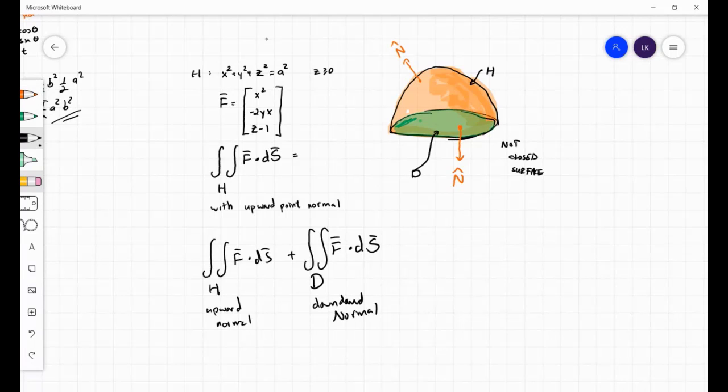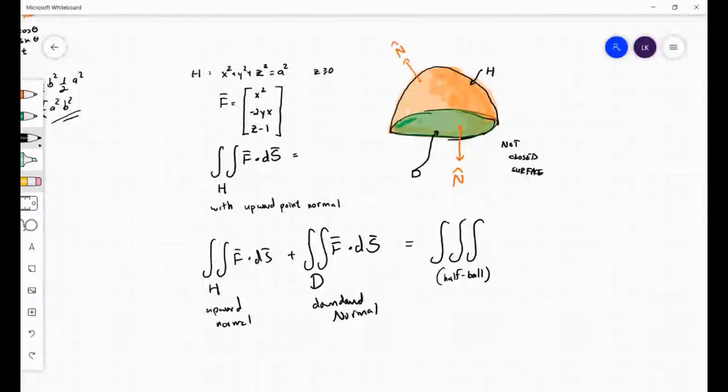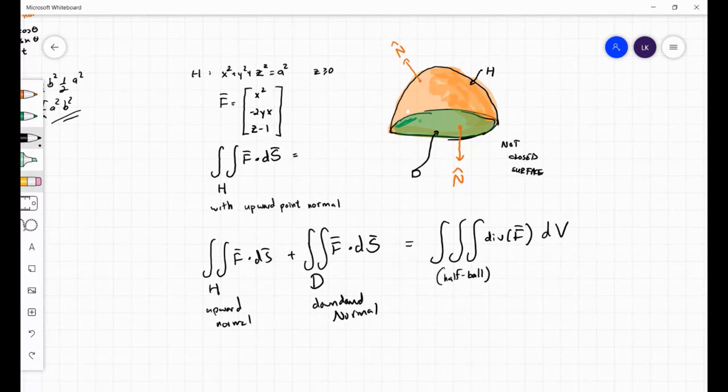And then we can use divergence theorem because now we have a closed surface, so we can instead integrate over the half ball the divergence of the vector field, dV.